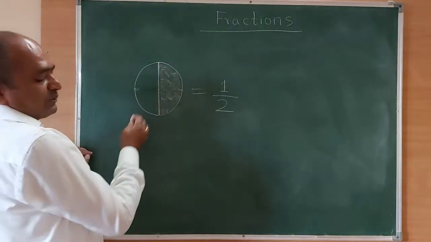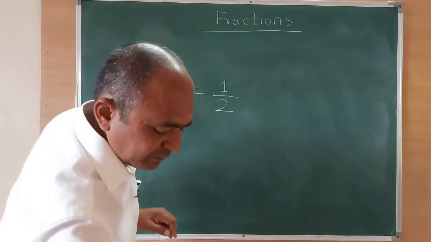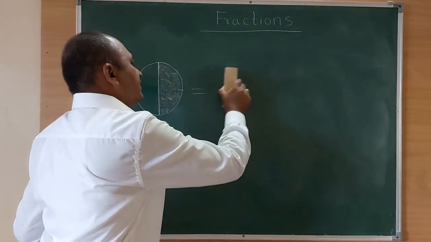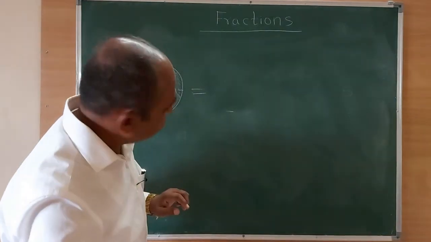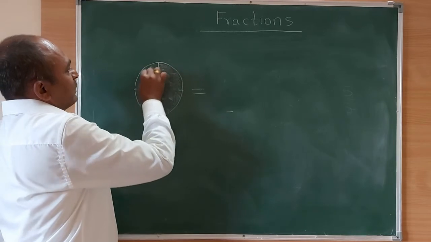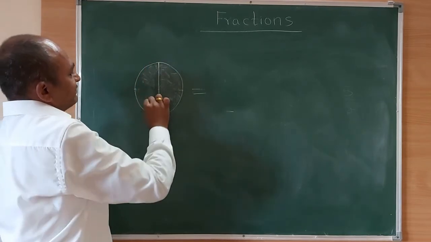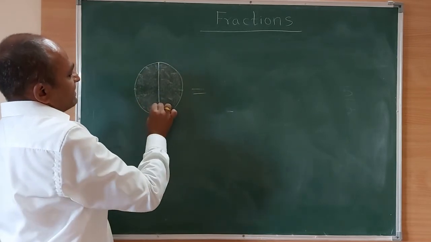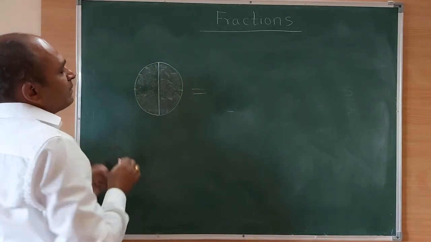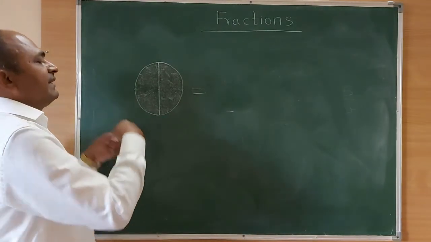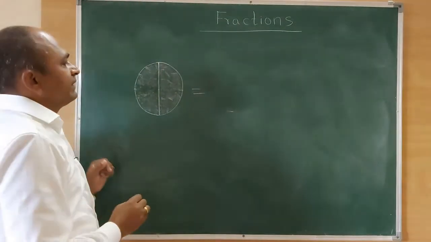Okay, now Pawan is asking me for more. So what I decided: I have divided this chapati into 2 parts, so I felt that I will give both the parts to Pawan.